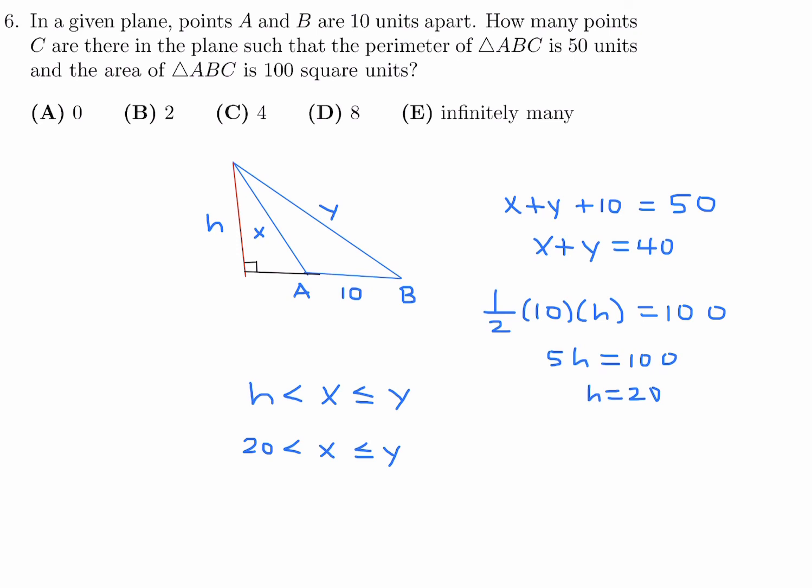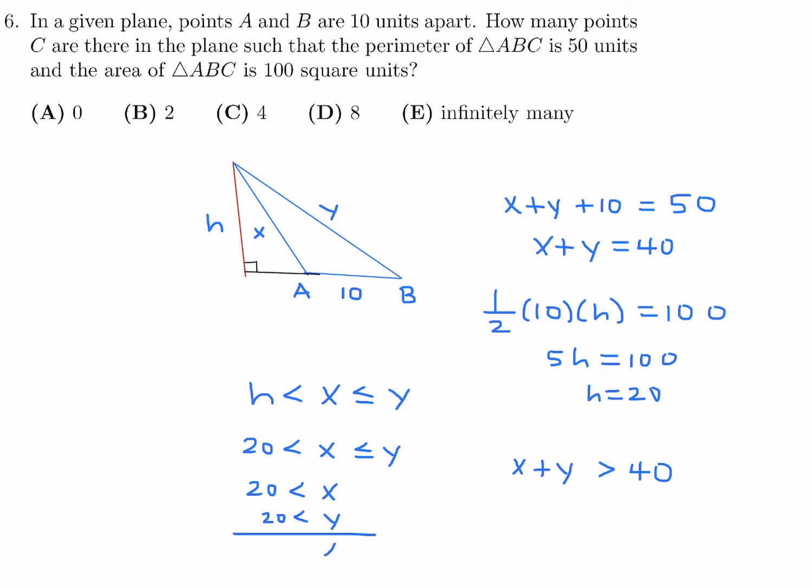If that's the case, we have to now satisfy this. Is that possible? Well, let's see. If both x and y are greater than 20, then x plus y would be greater than 40. If you're not convinced, let's write it out individually. X is greater than 20. Y is greater than 20.